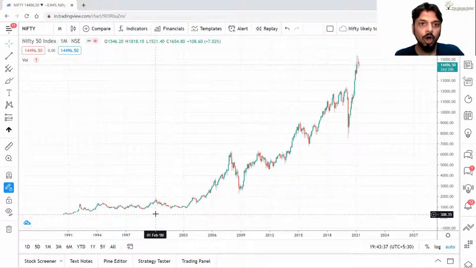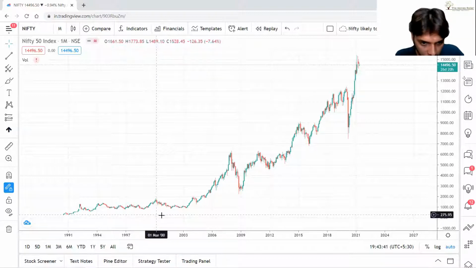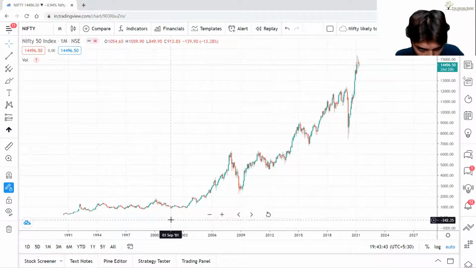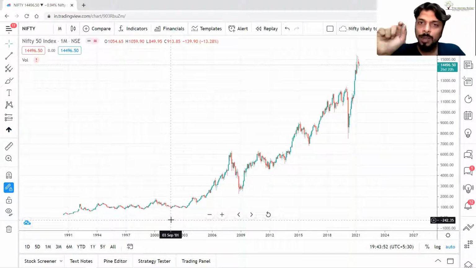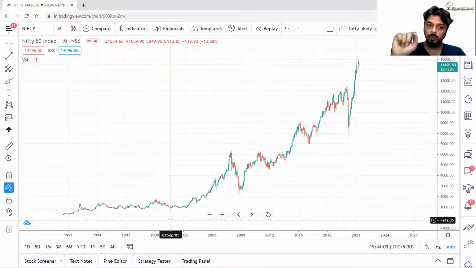That means from 1654, price moved down to 913. That means it is roundabout a 40 to 50% down move. I'm talking about a 50% down move. Yes or no? 40 to 50% down move.